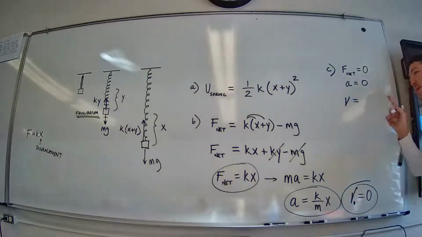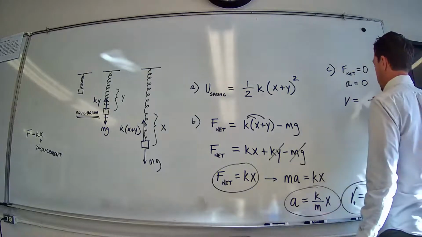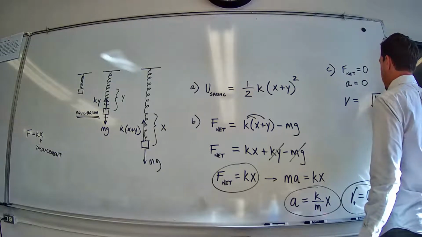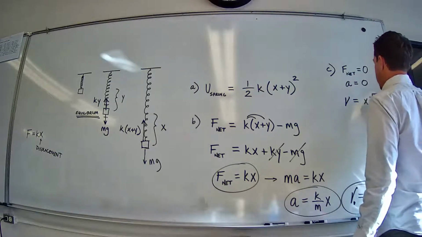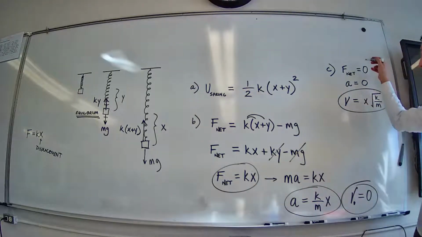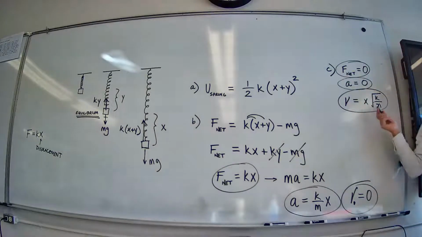And what result did we get earlier for the velocity? It was the square root of k over m multiplied by x, the maximum distance. That's the fastest velocity you're going to see.